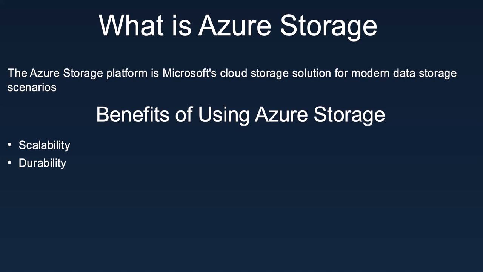If you don't know what I mean by availability zones and regions, you can check out my video which I will attach to the description of this video. So because they have different copies, different backups of whatever you upload on Azure storage, your files will never get lost, right?